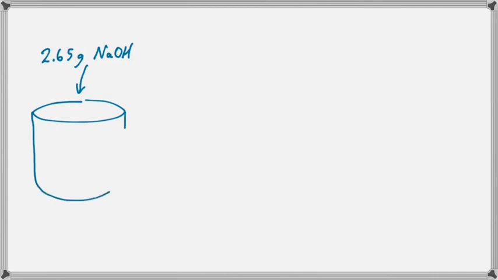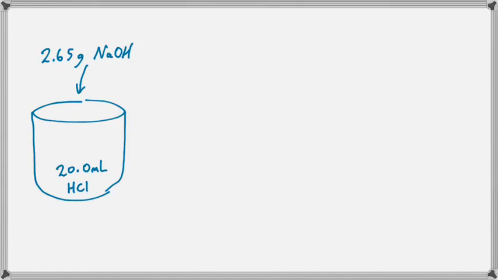So example number 2, you have 2.65 grams of sodium hydroxide is added into some water. And we have 20.0 milliliters, oh not water, sorry, of hydrochloric acid.